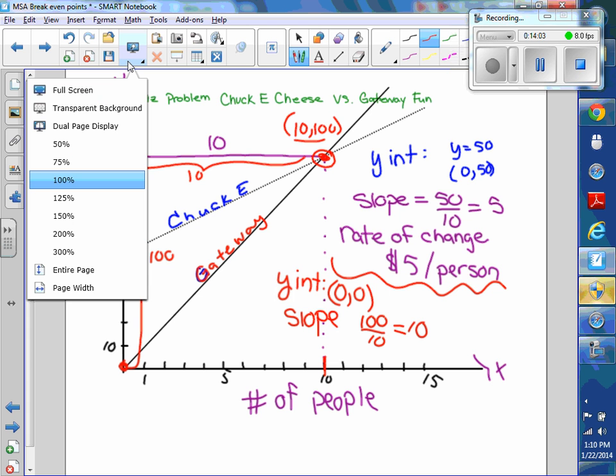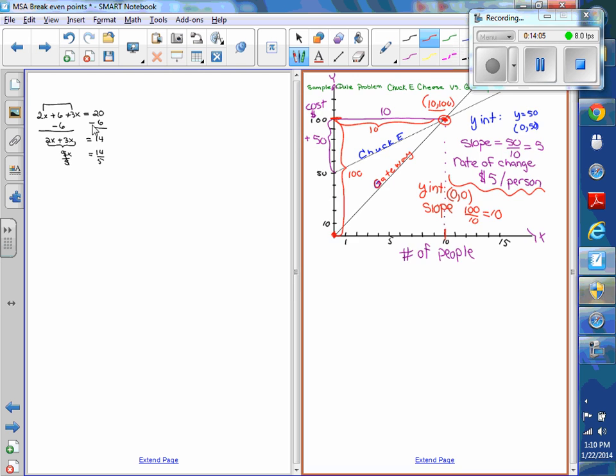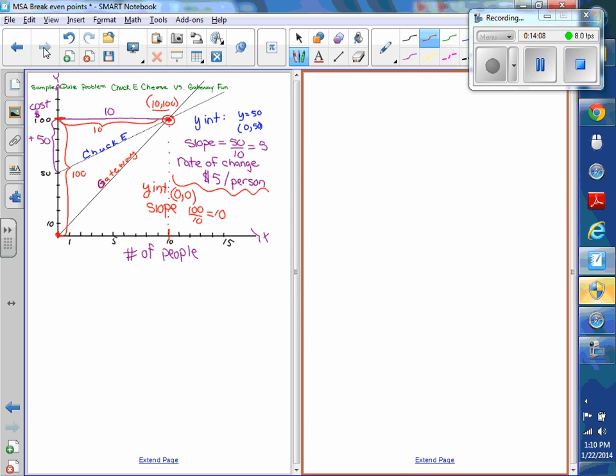So my question to you is, if you didn't have the graph, if you remember that the Chuck E. Cheese equation was the slope of 5x plus the starting point of 50, and the Gateway equation was the slope of 10x and no starting point, just a starting point of 0. Okay. So when is this y value equal to this y value? How could you do that without a graph? What would you do?